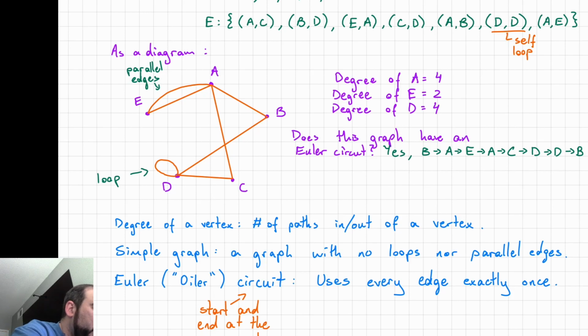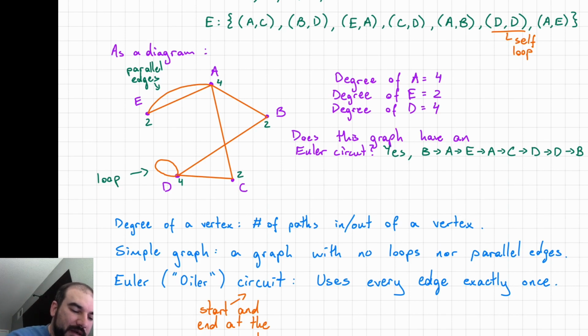So I'll put a little 2 next to that vertex. Vertex A has degree of 4. We already answered that question, so I'll put a little 4 next to that vertex. B has 2 edges that are coming out of it. C has 2 paths coming out of it. And we already answered that D had a degree of 4.